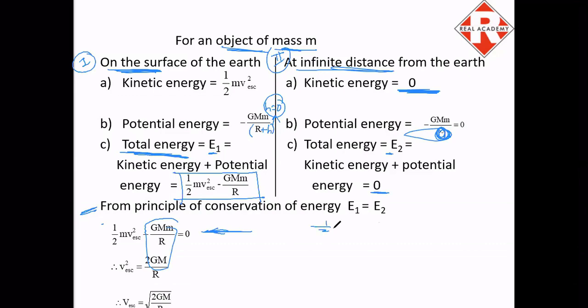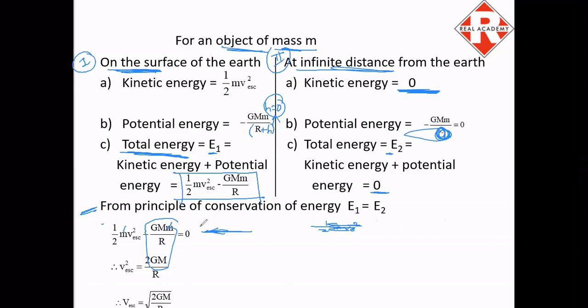So you have half mv square is equal to GMm upon r. So it is equal to 2GM upon r. This m will get cancelled out. Can you see? Mass of the object will get cancelled out.